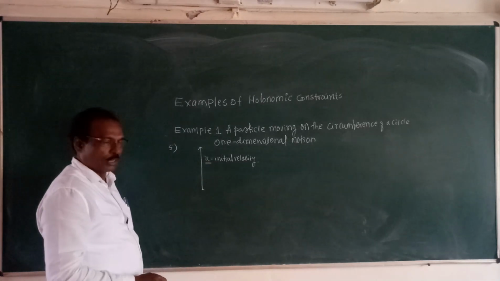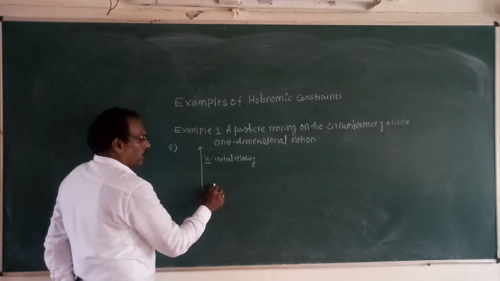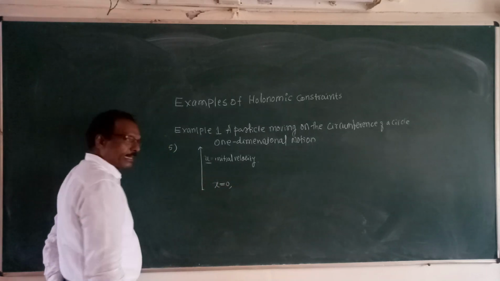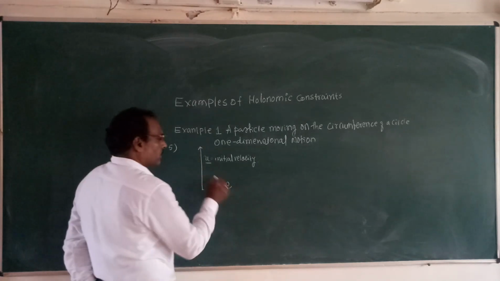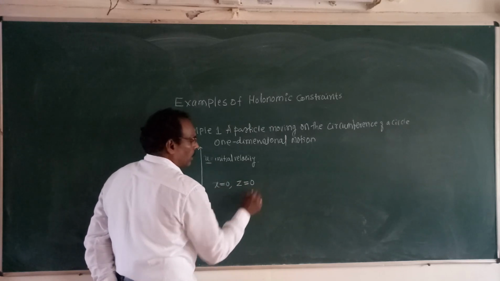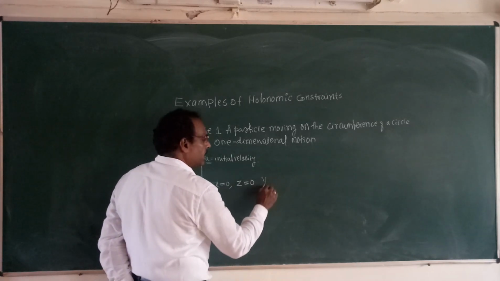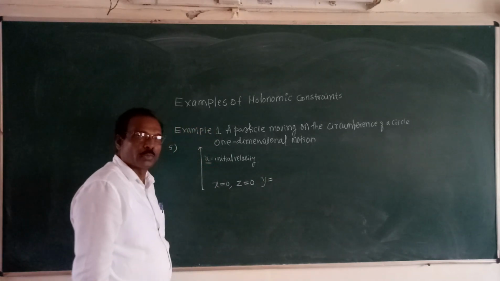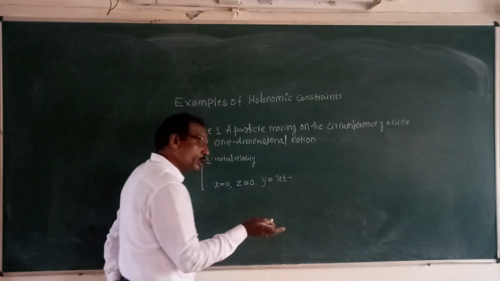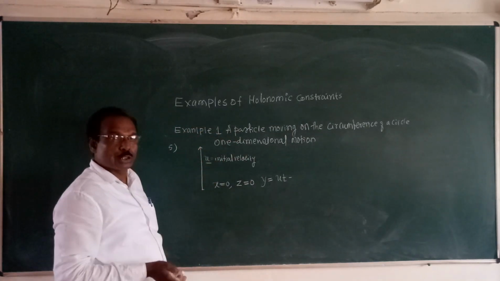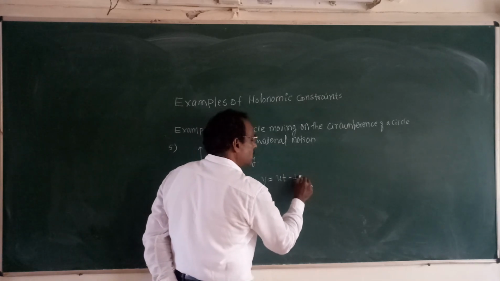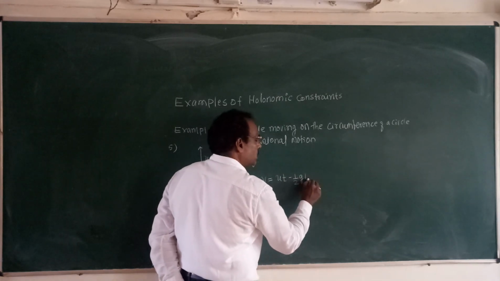Look at this problem. The velocity doesn't have any component along the x-axis, so x is 0. It doesn't have any component along the z-axis, so z is 0, and y is equal to ut minus half gt square, because it is moving against the gravitational field, where g is the acceleration due to gravity.